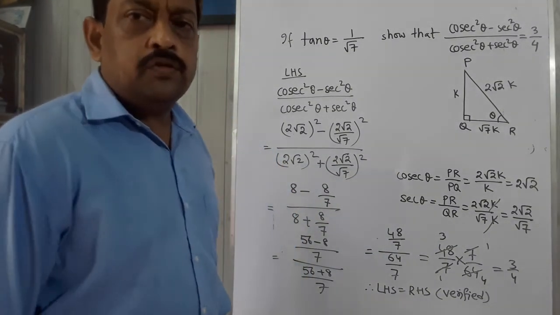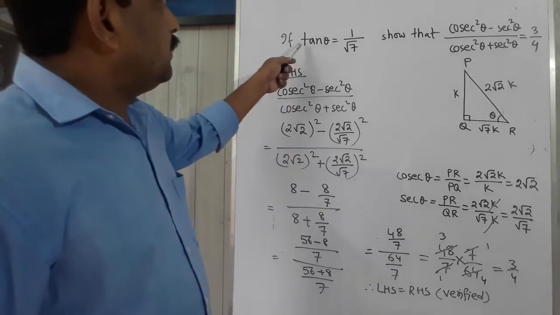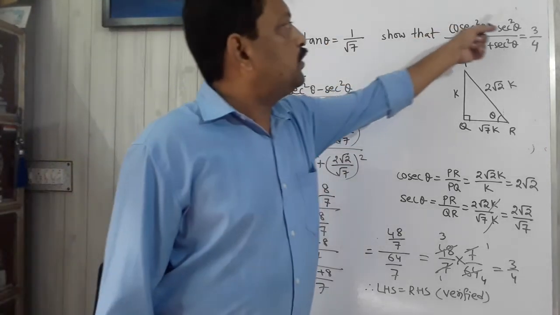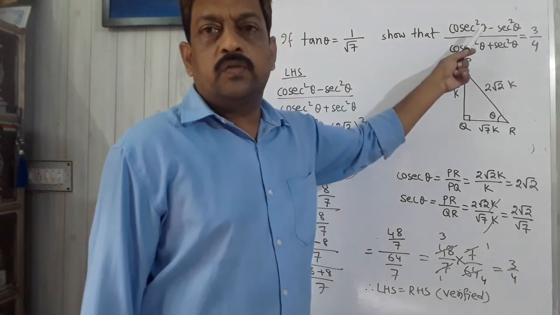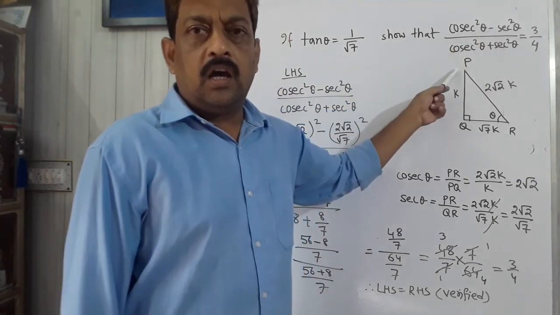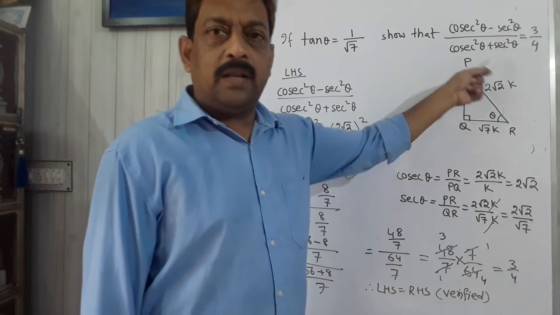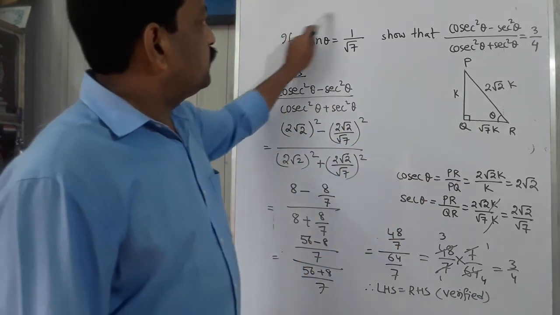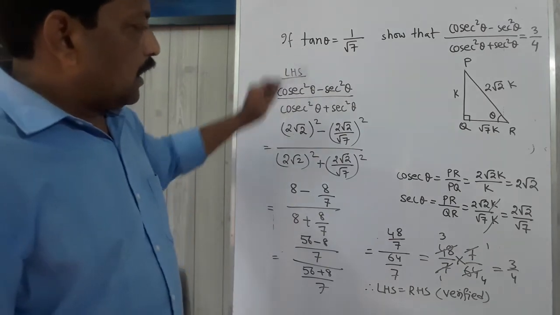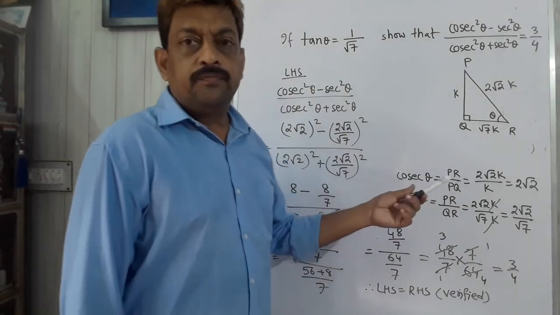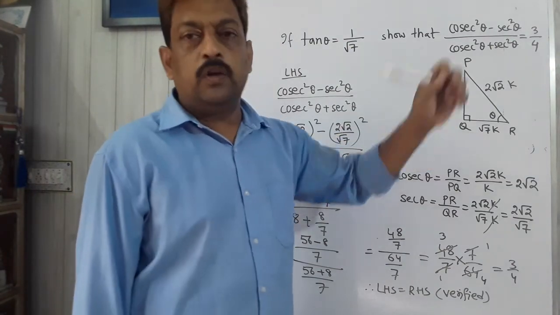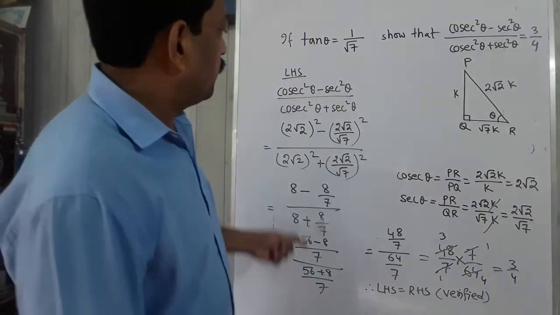So hope you have understood the sum. The question was given tan theta equals 1 upon root 7, and we need to verify that cosec square theta minus sec square theta upon cosec square theta plus sec square theta equals 3 upon 4. So by using this value and using Pythagoras theorem, I have calculated and got the value of the third side also.